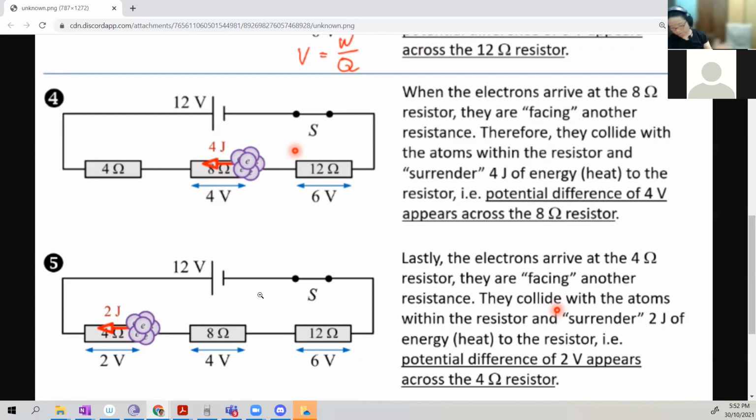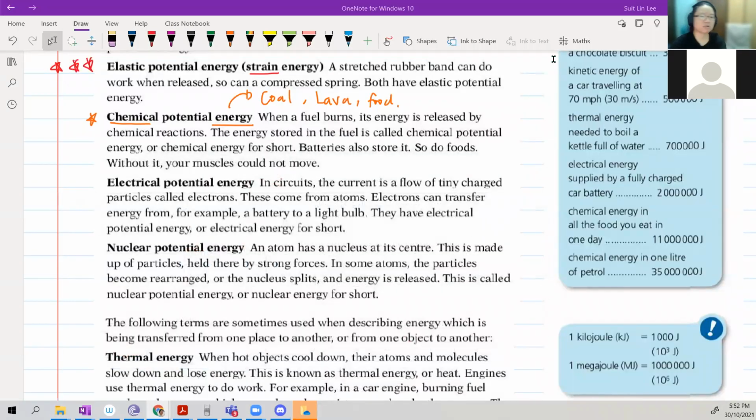So the electrons, or basically electricity, we say that they all have electric potential energy because in circuit, the current or the electron, these tiny particles, they transfer energy. They are the UPS, the post laju. What else? The JT Express.